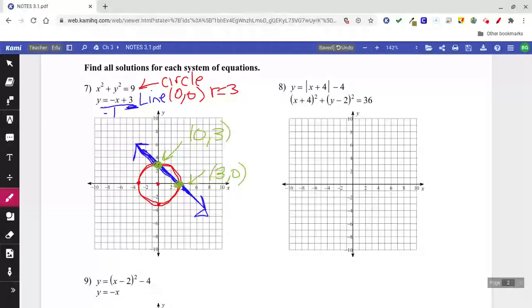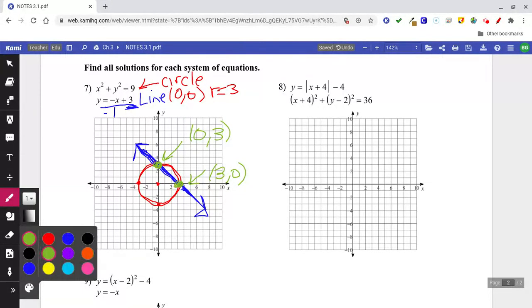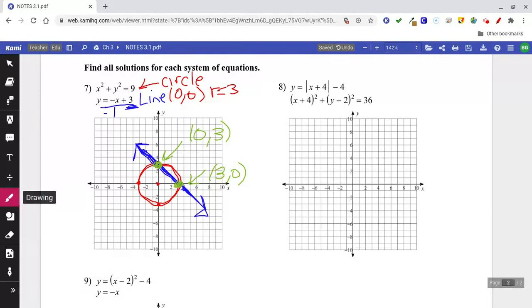Number 8, the first equation looks like an absolute value graph. So we know this is going to be a V shape. Think about your shifting. We're going left 4 and down 4. So if I go left 4 and down 4, there's the vertex of my V shape. So give it your 1, 1, 1 pattern.